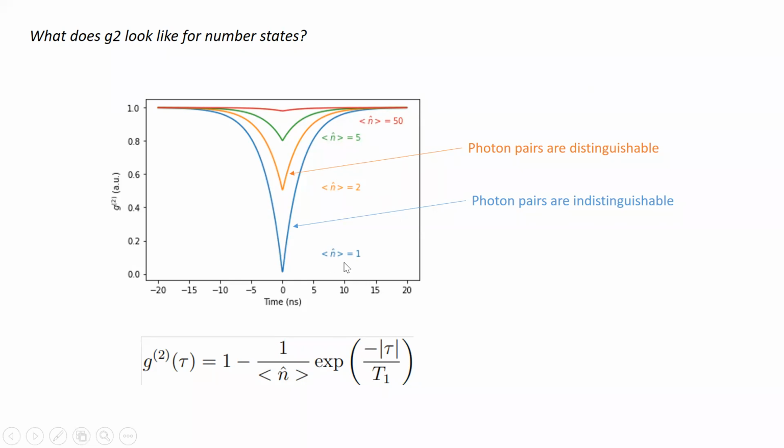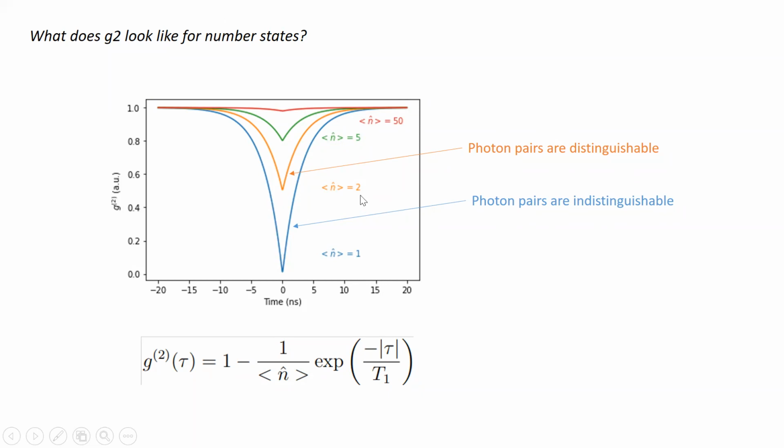So when you have single photon states, the dip goes all the way to 0. When you have two photon states, the dip goes to 0.5, and all the way up to the case where you have arbitrarily many photon states, and you get the flat line. In the context of these experiments, for indistinguishable photons you don't have these coincident events, so you get something that looks like the single photon case.